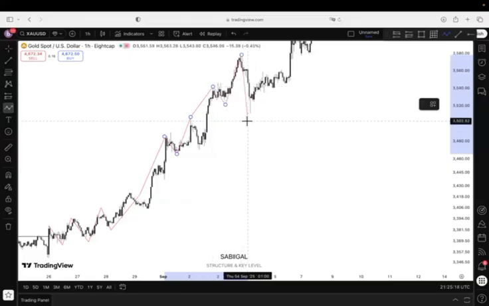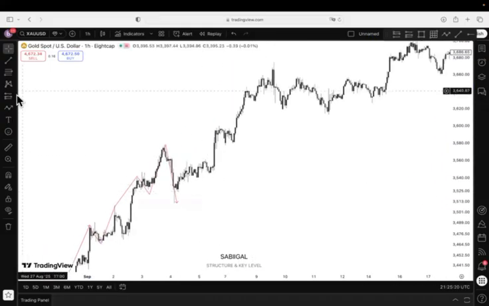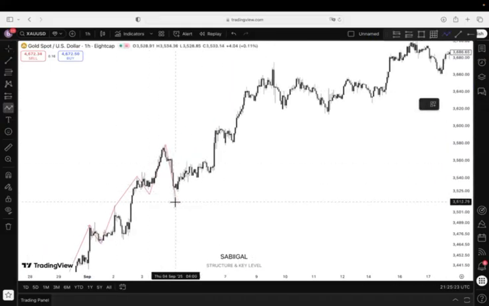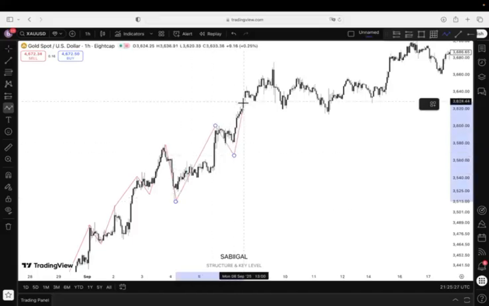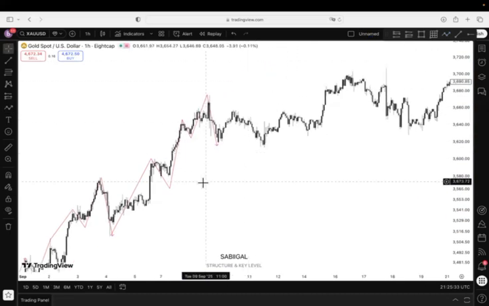Break of structure, swept it. You can see after that we just kept buying. It was just buys and buys and buys, swept it. You can see what I said.